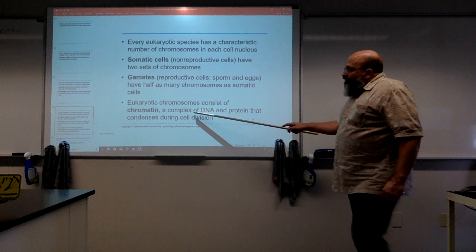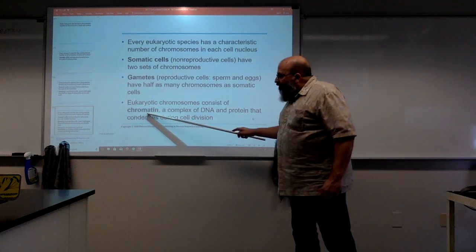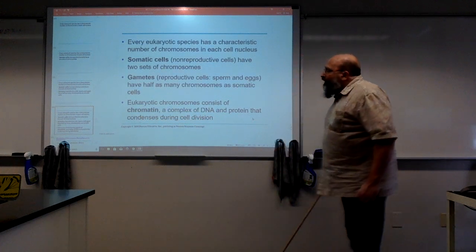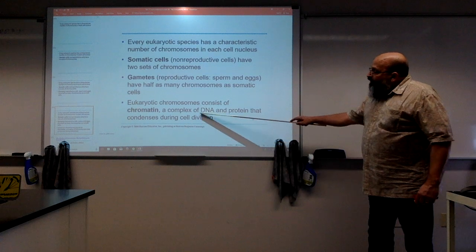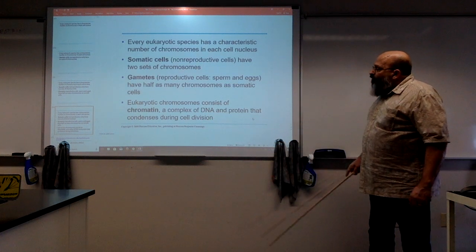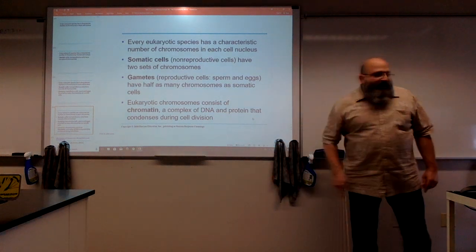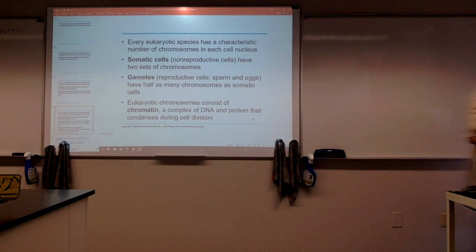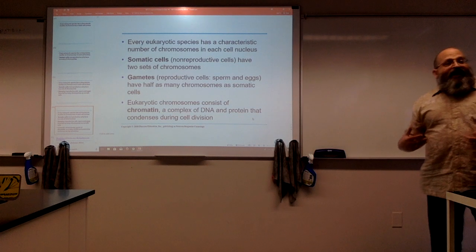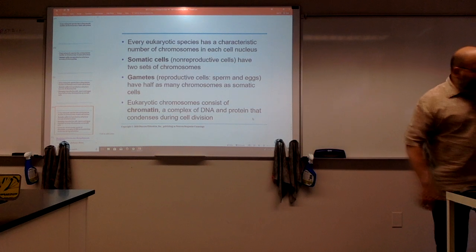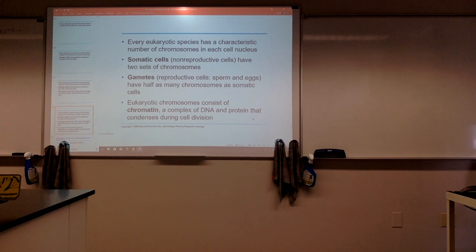So eukaryotic cells consist of chromatin. Chromatin is the same thing as chromosomes, but in the chromatin form, it's a complex of DNA and protein that you can't see. It has to condense before you can see it, and it condenses for cell division. It doesn't condense so we can see it. We just happen to be able to see it during cell division.